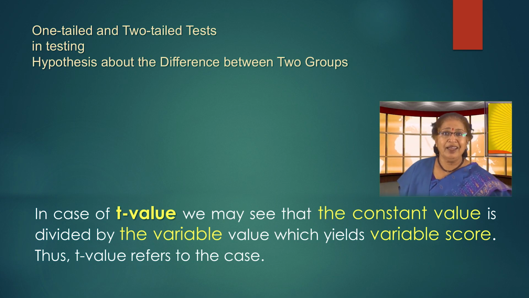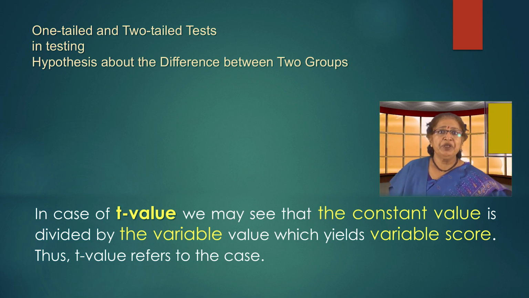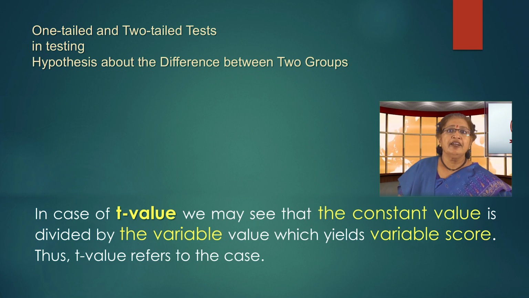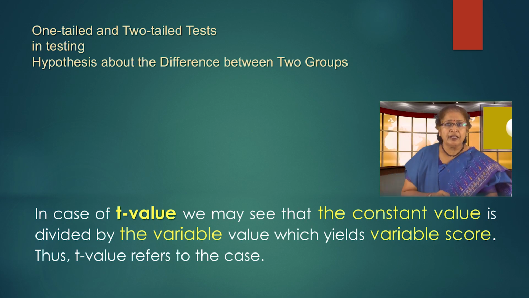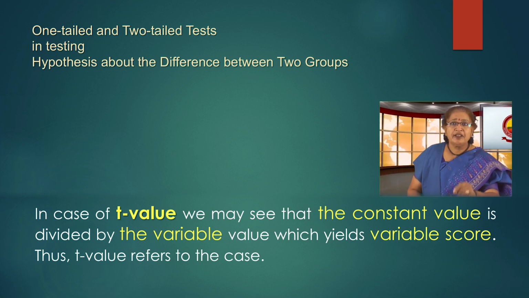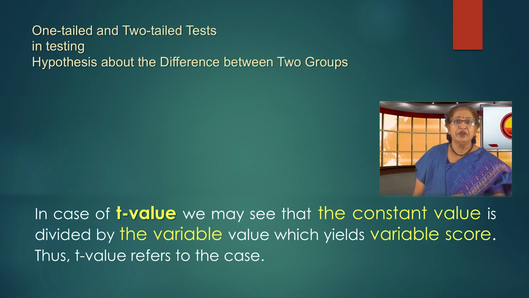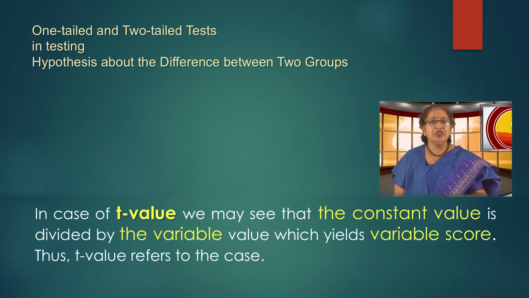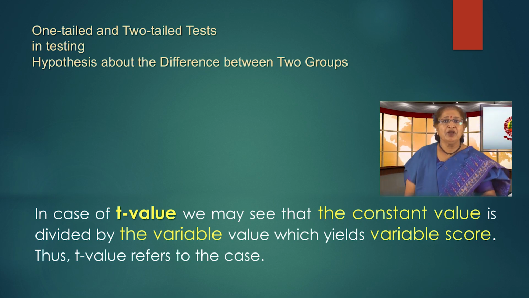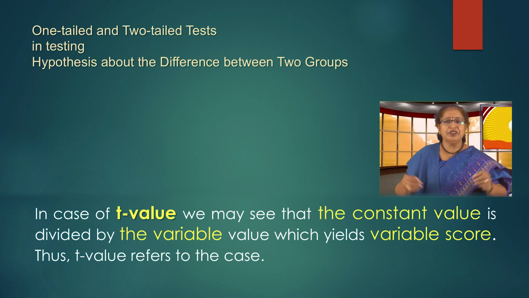Hence, the critical value calculated this way may not be considered a z score. Rather, this value is termed the t value or t ratio, which states the position of that variable on the continuum of the distribution.